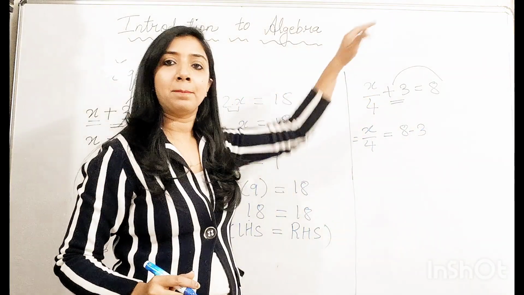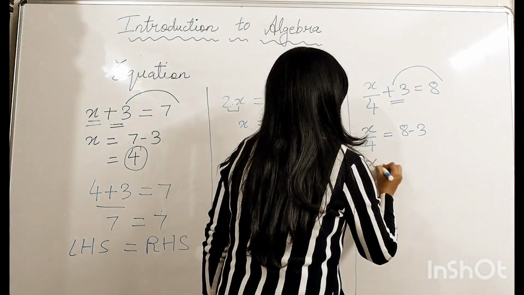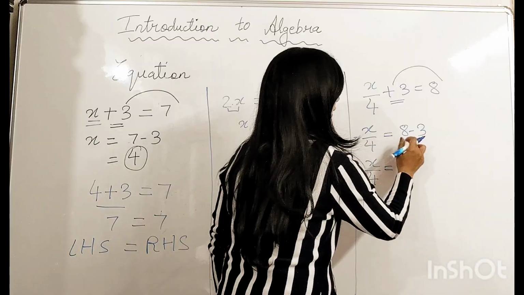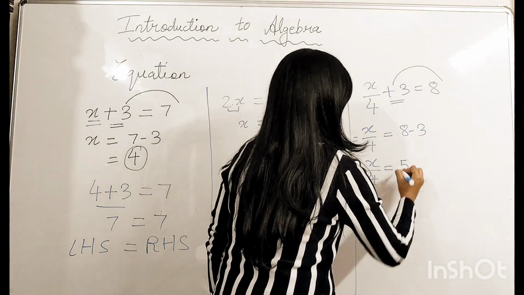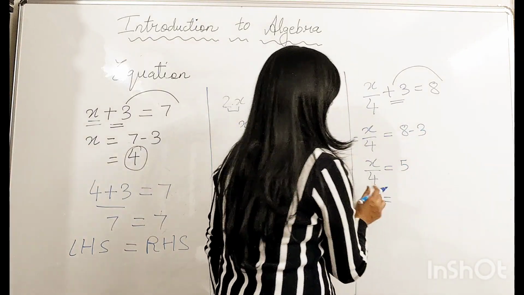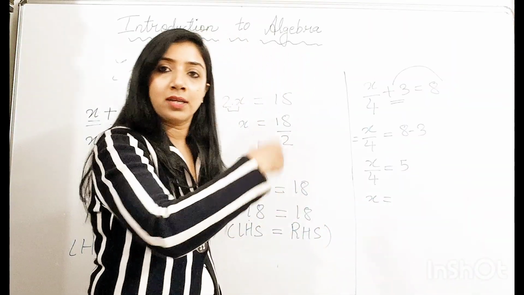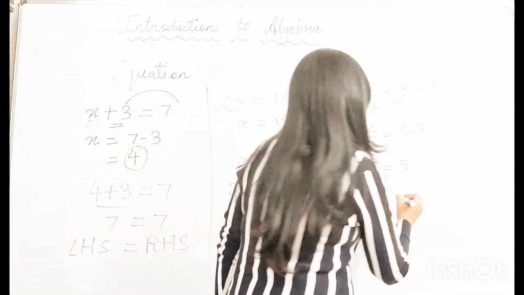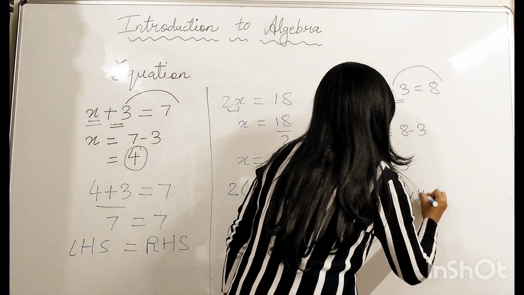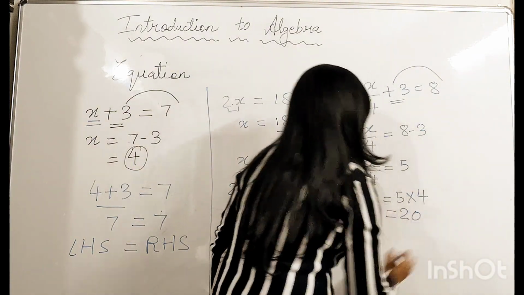This plus will become minus. x upon 4 is equals to 8 minus 3, which is 5. Now again if we shift 4 to the right hand side, this is in the form of division, now it will become multiplication. So 5 multiplied by 4 is equals to 20.